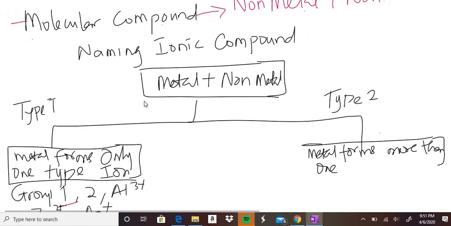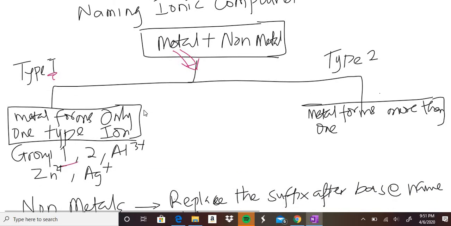Naming ionic compounds. We already know that ionic compound consists of a metal plus non-metal. So we have two types of metals in ionic compound. We have the type 1 and type 2. Type 1 falls into the category in which they form only one type of ion.